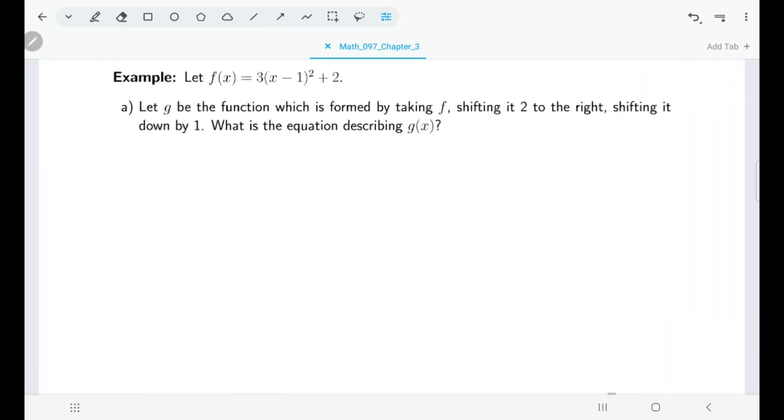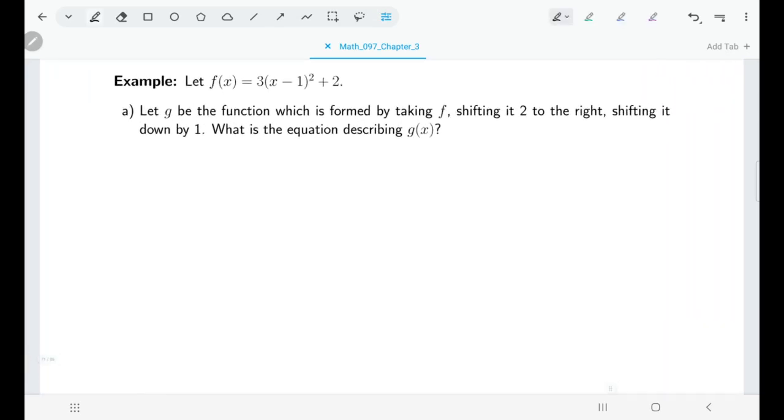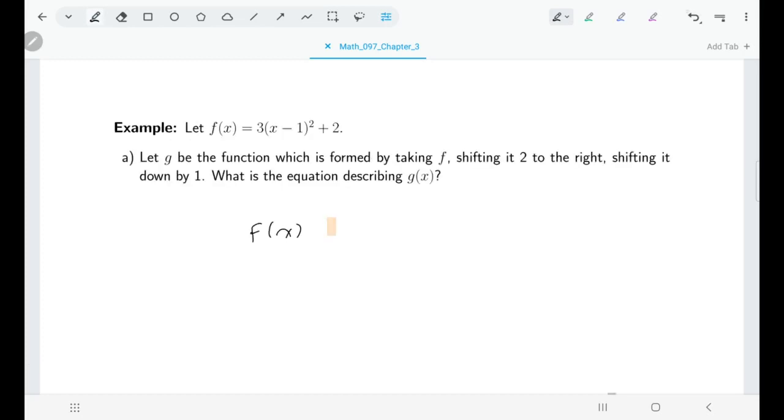So for this, I think the easiest way for us to think about it is to start to think symbolically. If you remember at the very beginning of things where I said something like f of x plus k meant a shift upwards by k units, or when I said f of x minus h meant a shift to the right by h units, I'm going to do the same sort of writing here of what my function g of x should be. g of x is the function that we're going to get when we take our function f of x and shift it 2 to the right.